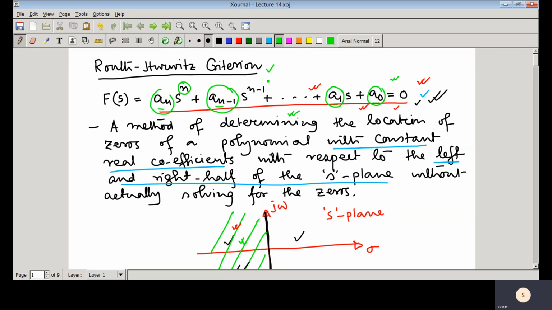This particular method, the Routh-Hurwitz criteria, gives the necessary and sufficient condition for a class of polynomials where all the coefficients are constant, and here the stability boundary is the imaginary axis.